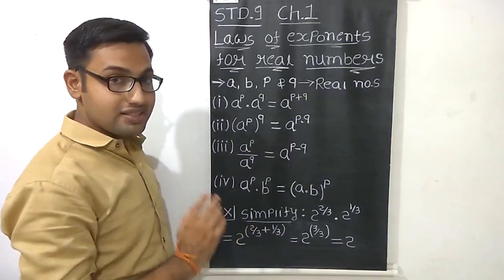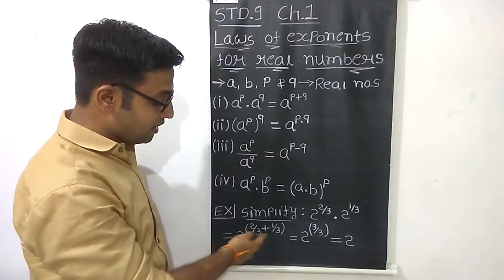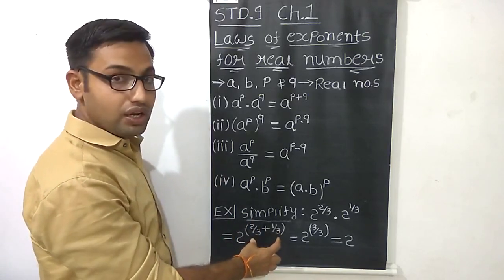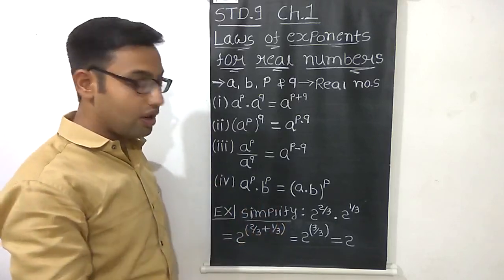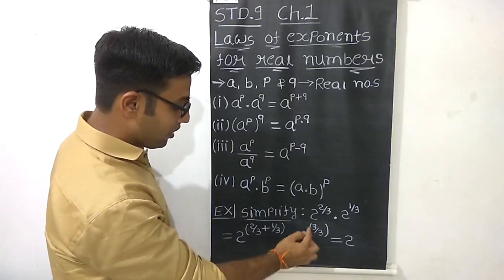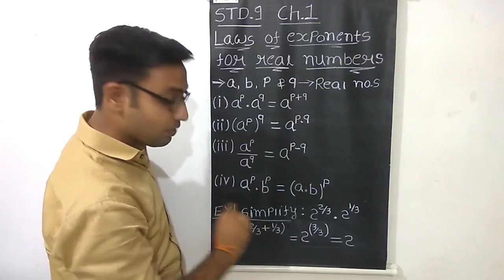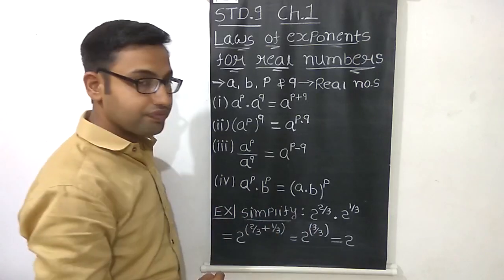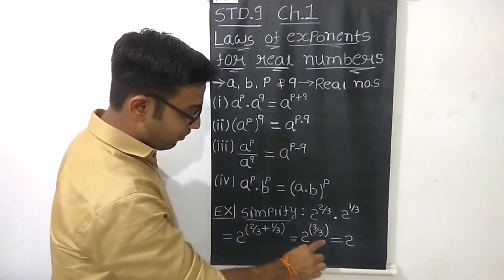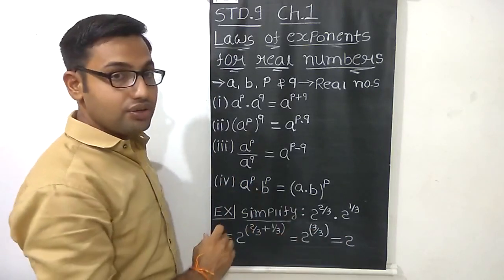As both denominators are the same, we do not need to take the LCM. If different denominators are there, then we first take the LCM, make them equal, and then add, as you know already. So we can write 2 raised to power, denominator 3 the same, and in the numerator 2 plus 1, which again becomes 3. Now 3 cancels and it remains 1. So 2 raised to power 1 is equal to 2. This is very easy to understand.